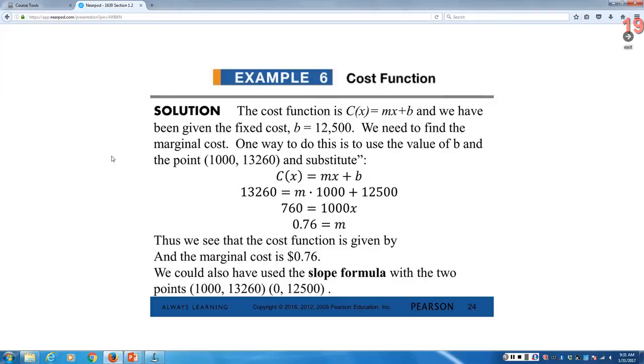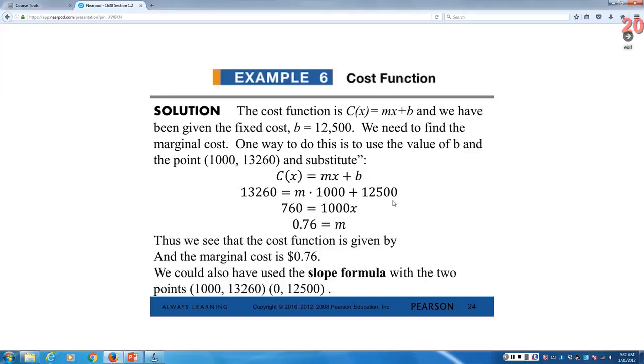So we take the form of the cost function, which is C of x equals mx plus b. We know that when you produce 1,000 items, which is x, it costs $13,260. And you know that if you don't make any items, that's your fixed cost. Those are $12,500.